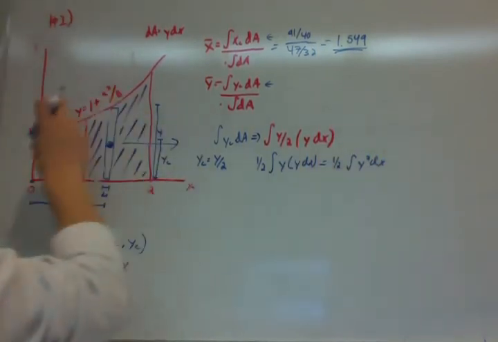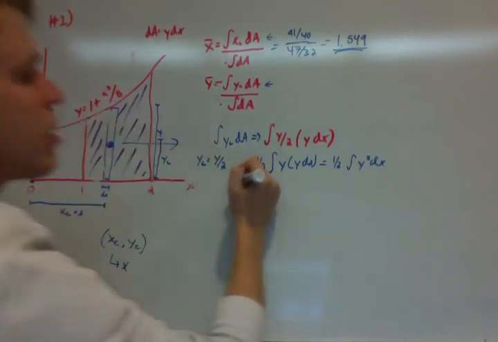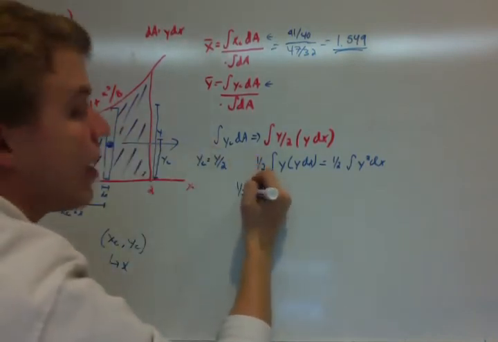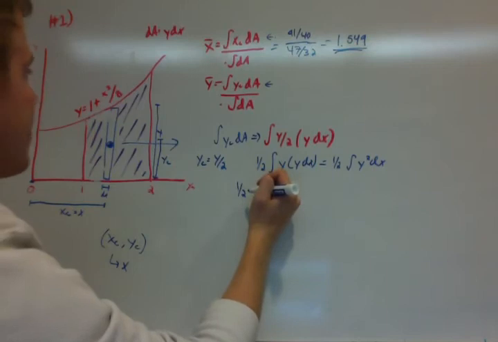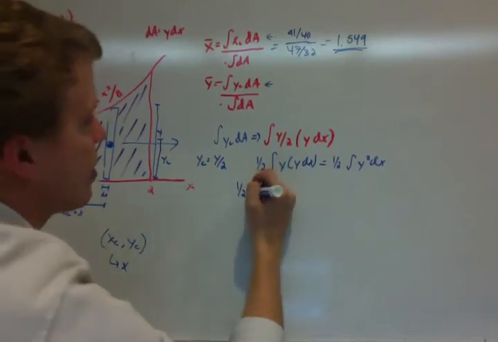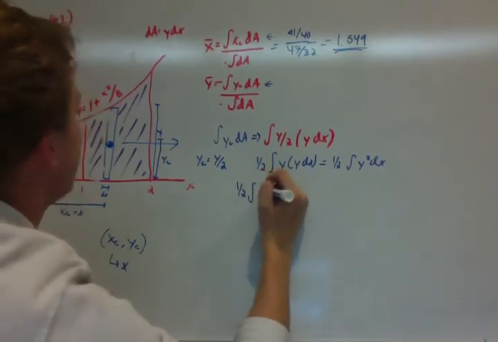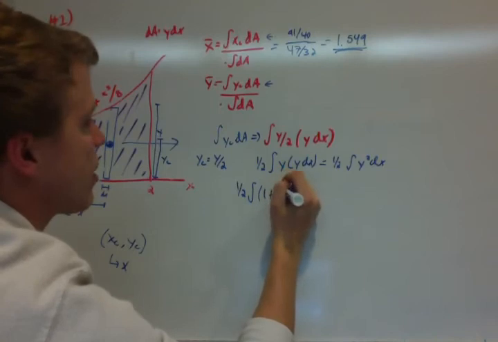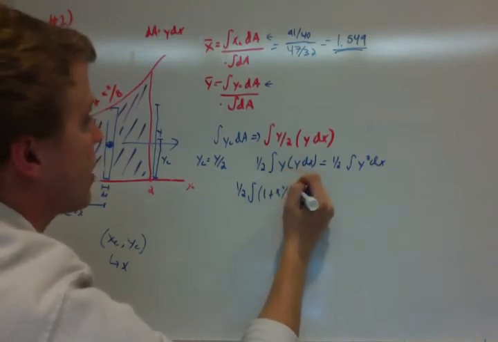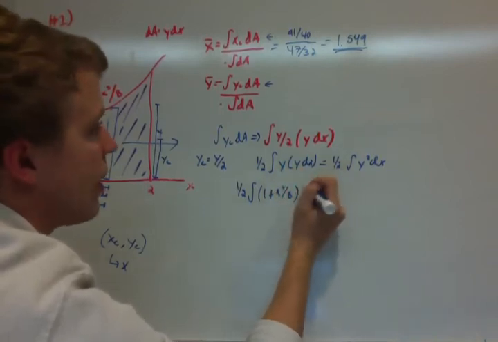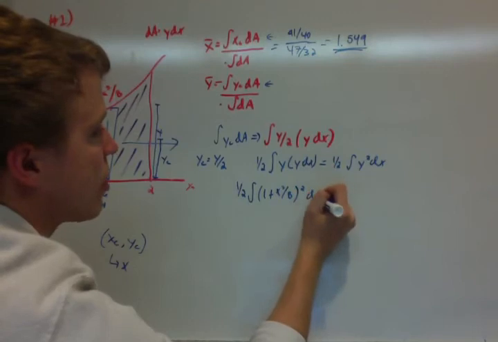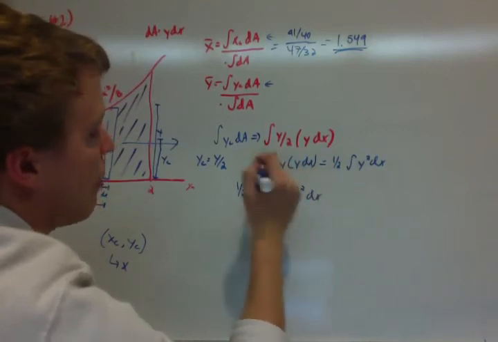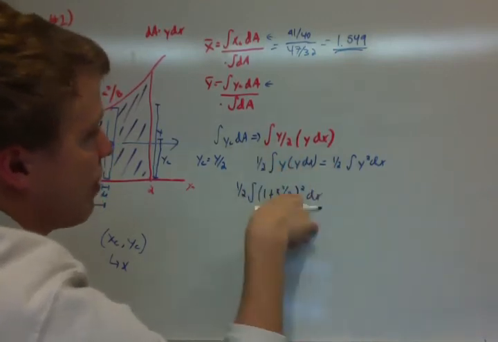We know what y is from this equation, so let's plug this in. We've got 1/2 times the integral of (1 plus x cubed over 8) squared with respect to x. And we're going to integrate this again because we put everything in terms of x.